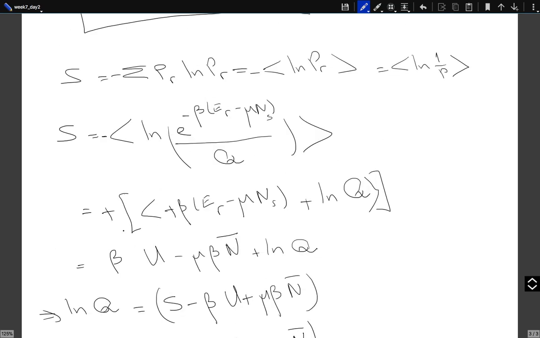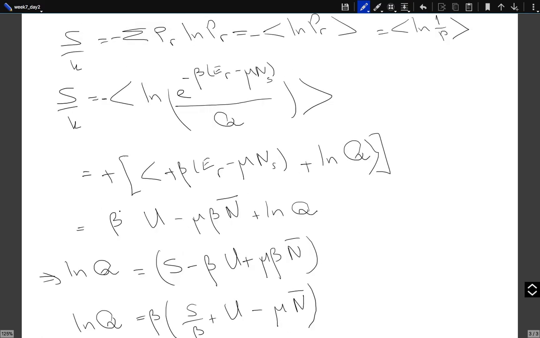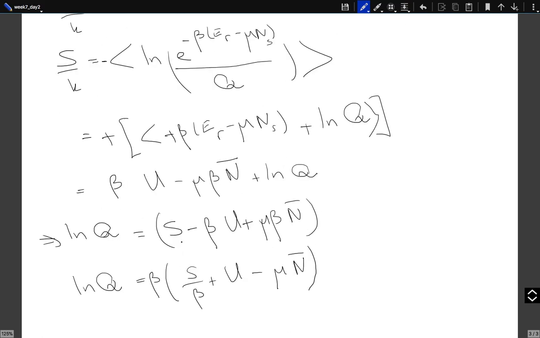So let me make one correction. The entropy is not this one. This is S over K. Or this is equal to beta TS plus U minus mu N bar.